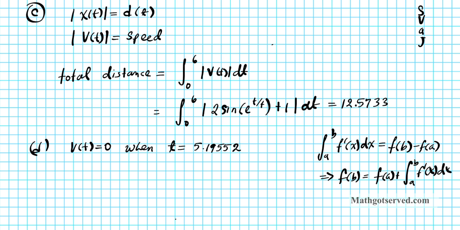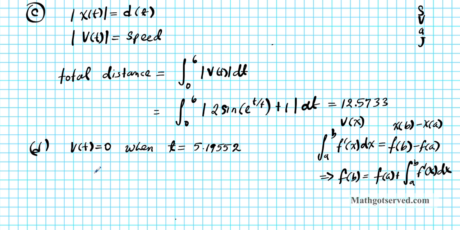Now the relationship between the position and the velocity is that the velocity is the derivative of position. So if I made this x of b minus x of a, this will be v of x. Alright, so let's keep that in mind.